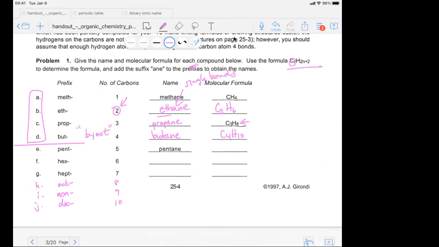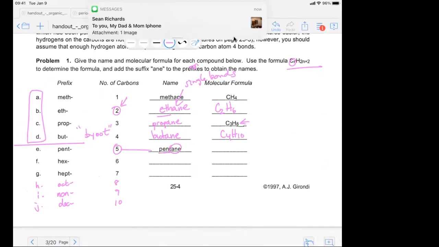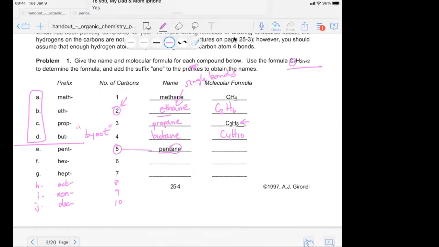Okay, for an alkane with 5 carbons, that name is pentane. Again, the pent telling you that there are 5 carbons and the ane telling you that they're all single bonds. The formula is CnH2n plus 2. If n equals 5, that means it's C5H12, 2n plus 2, yeah, H12.